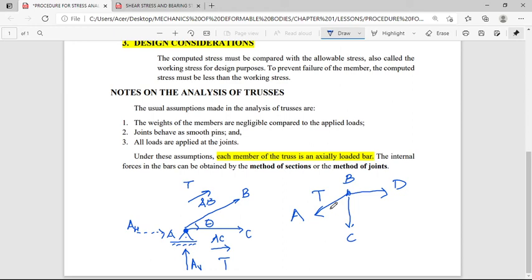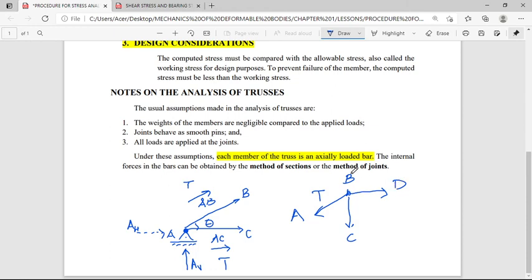Pero, ulitin ko, you will use the sign or yung computed value ng force dito kay AB. Okay, and then nag-assume ka ulit dito kay BC and BD.